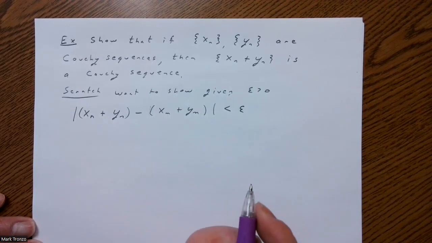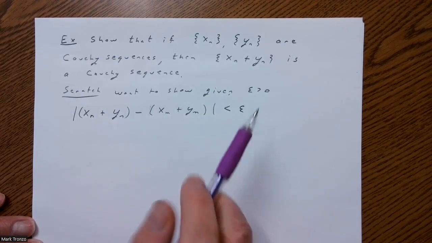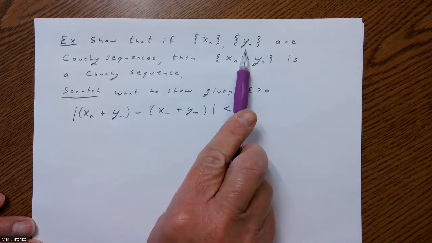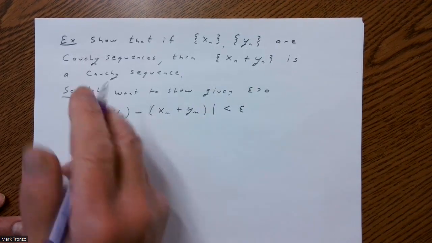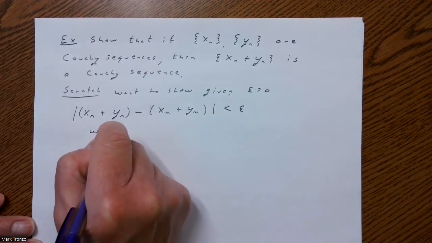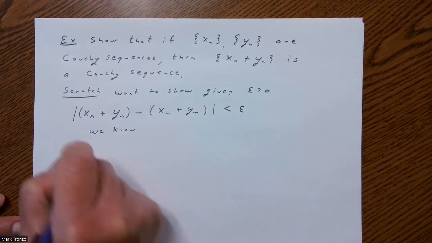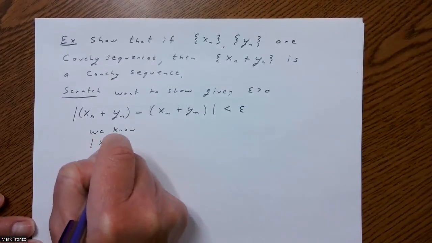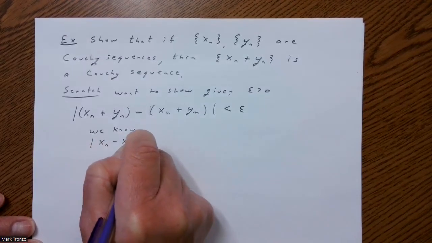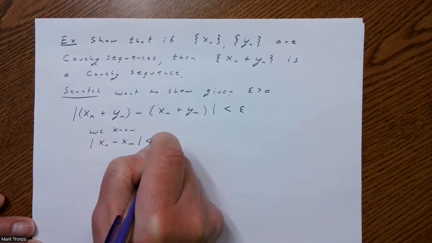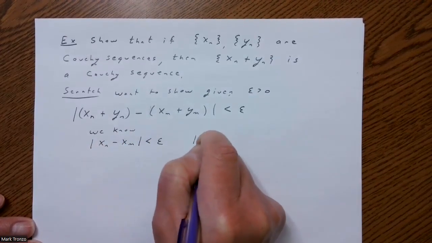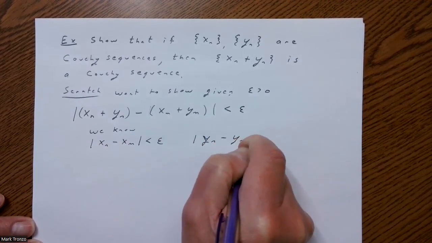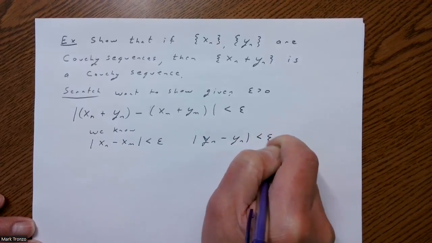Now, keep in the back of your mind what we know. Since this is a Cauchy sequence and this is a Cauchy sequence, and let me put this in a box, we know that |xn minus xm| is less than epsilon, and |yn minus ym| is less than epsilon.